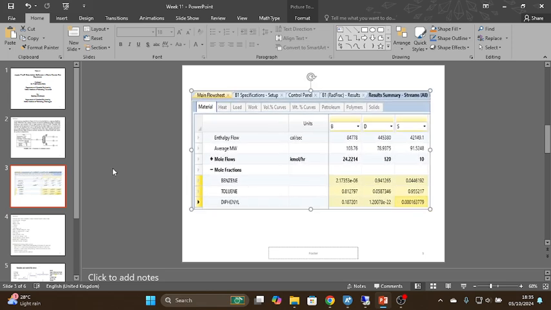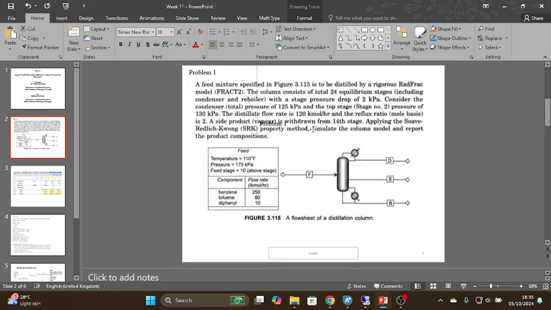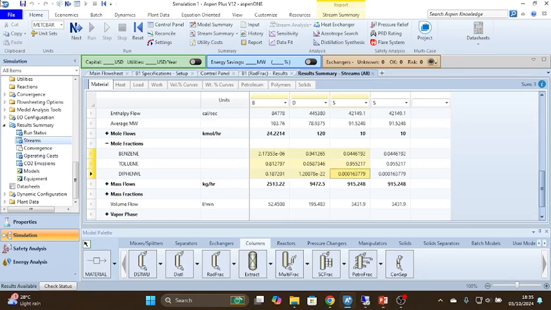So there is just one small modification in the problem. Here, let me add it. The side product flow rate is 10 kilomole per hour. So let us save this problem.